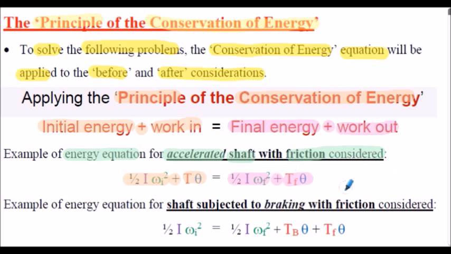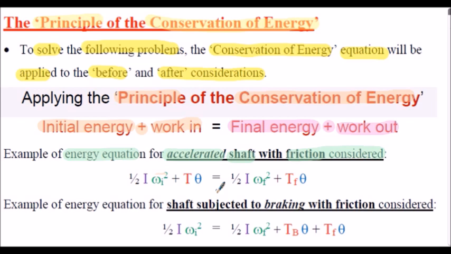So in this case, we have 4 terms in this particular balance. And we can play tunes on this. If, for example, the shaft was not rotating to begin with, it was starting from rest, then we would just ignore the initial kinetic energy term. And we'll just have our work into the system to accelerate the shaft, and that goes into kinetic energy and, in this case, friction effects.